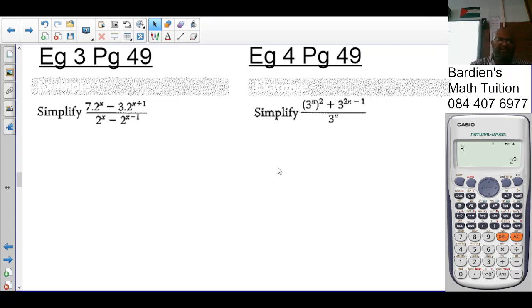So do that first. The first term, 7 times 2 to the x, can't be broken up. However, the second term in the numerator can be broken up and the second term in the denominator can be broken up. Right, so do that quickly.